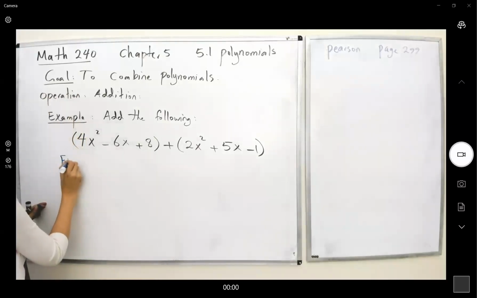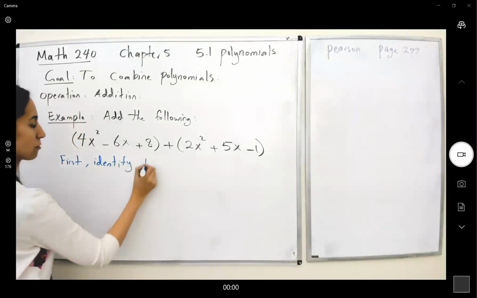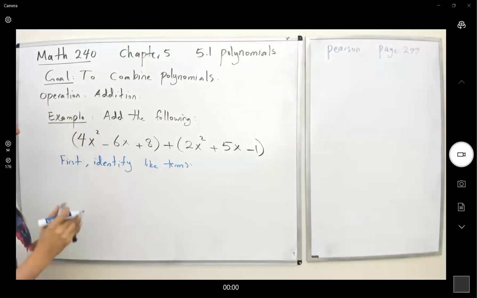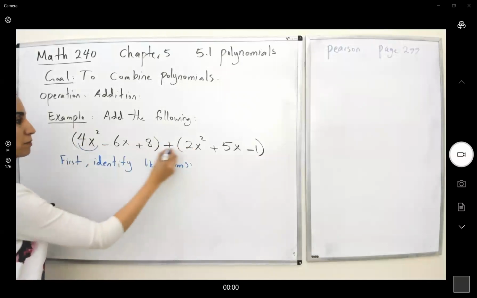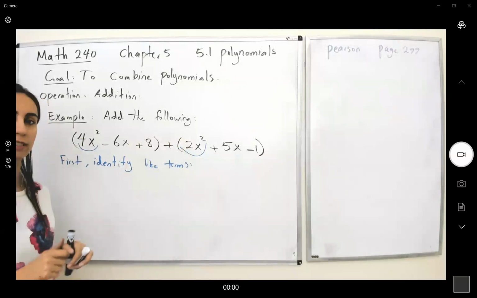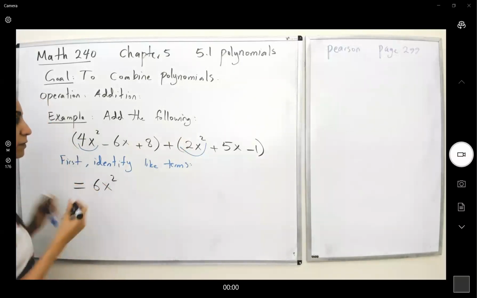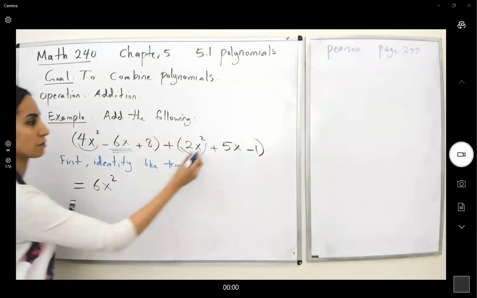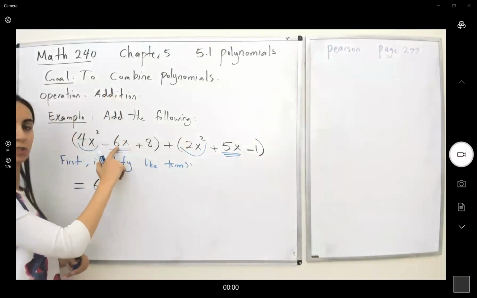So first, identify like terms. 4x squared, 2x squared. By adding 4 and 2, we get 6x squared. Next, 6x and 5x. Note that you have a negative next to your 6.